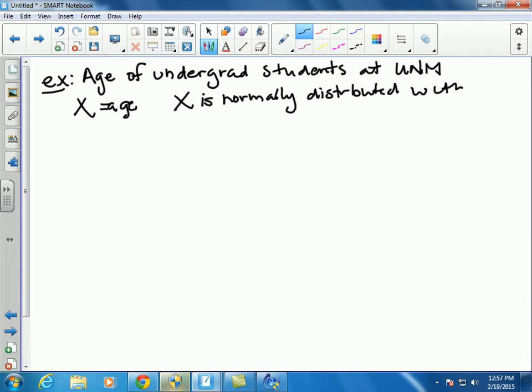with mean equal to 23 and the standard deviation sigma equal to 2. And typically in all problems that we deal with the normal distribution, those are always given to you.